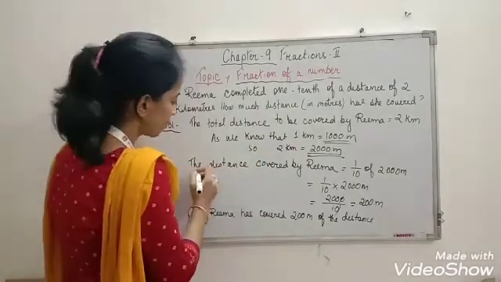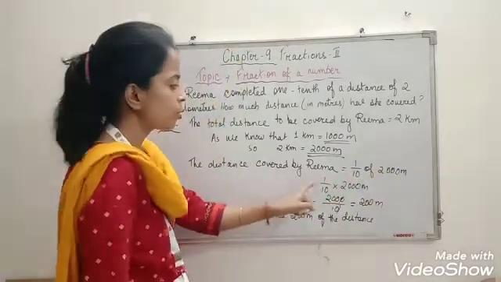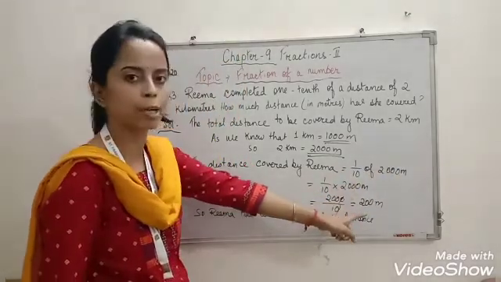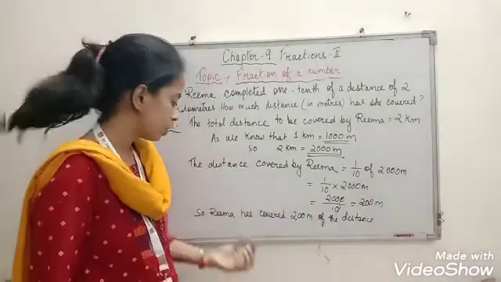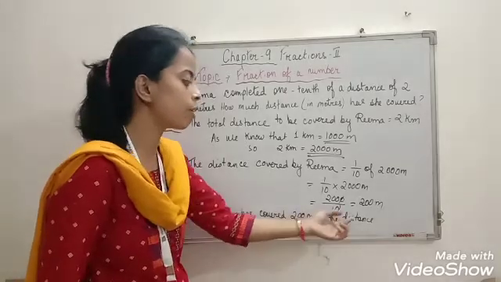So the distance covered by Rima is 1/10 of 2000 meters. 1/10 of 2000 meters comes to how much? 200 meters. So Rima has covered 200 meters of the distance.